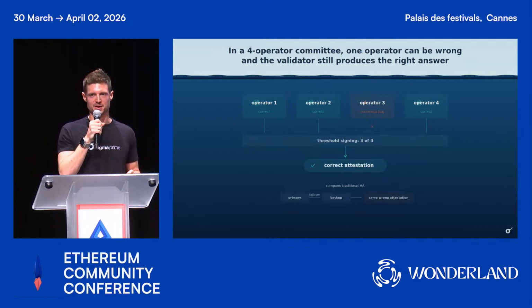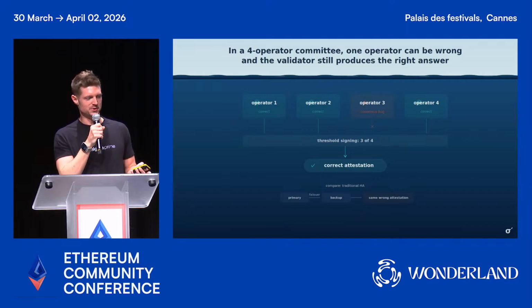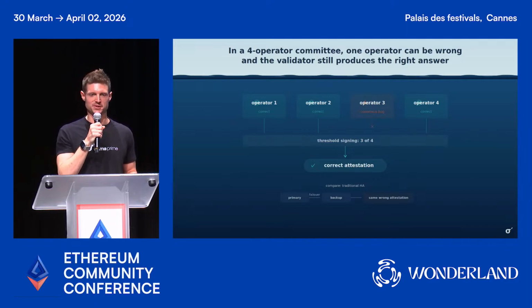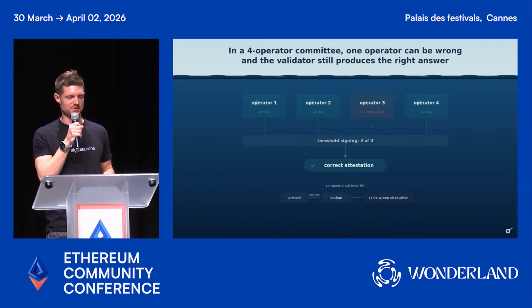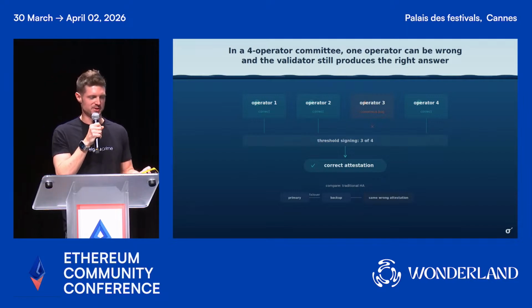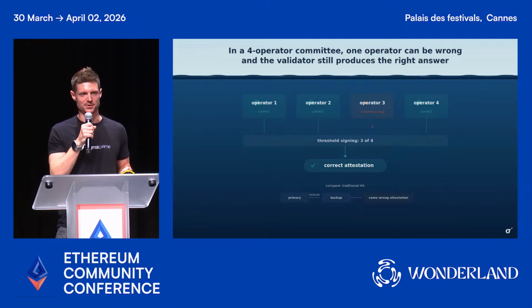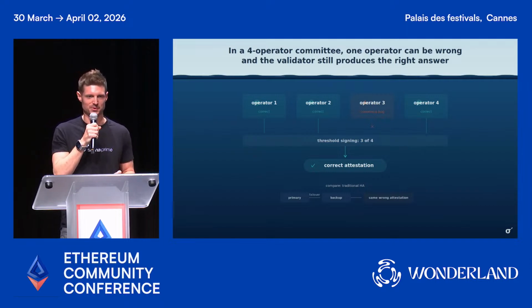But with SSV, since you have 3 out of 4 threshold signing in this case, as long as operators 1, 2, and 4 have received enough proper partial signatures from their peers over P2P, you're still going to get the correct attestation. Below would be the high availability setup, where you could have a primary and still a backup, but possibly the wrong attestation will essentially get signed.